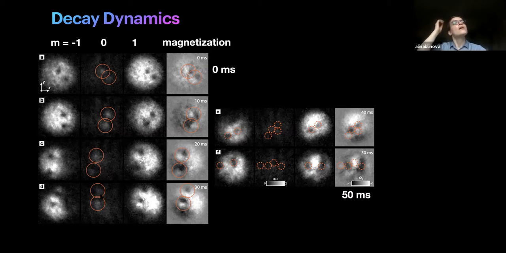After our pi over 2 rotation, actually, excuse me, the ferromagnetic atoms also rotate, so the atoms in the ferromagnetic core rotate also.